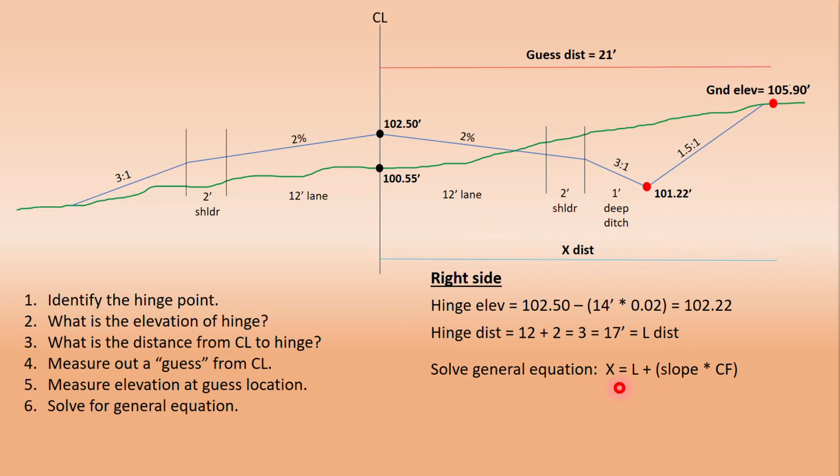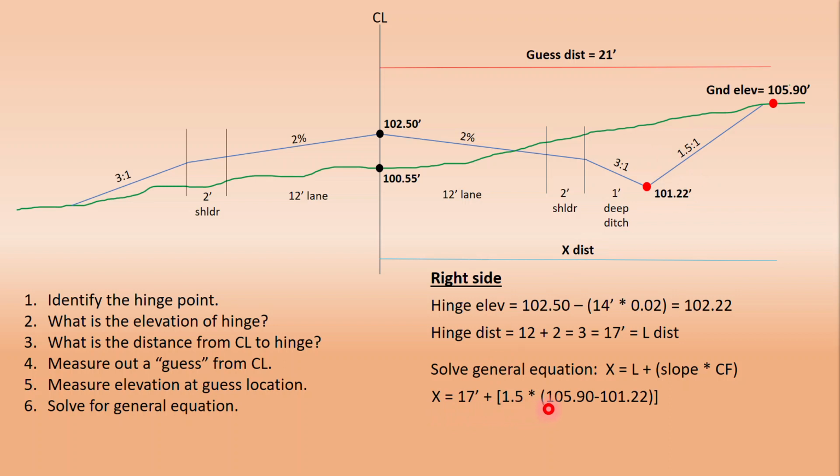and X equals L plus slope times cut fill. In this case, our slope is 1.5, because it's a steeper slope on the cut side than it was over on the fill side. So X equals L, which is 17, plus my slope, which is 1.5, times the cut fill dimension.